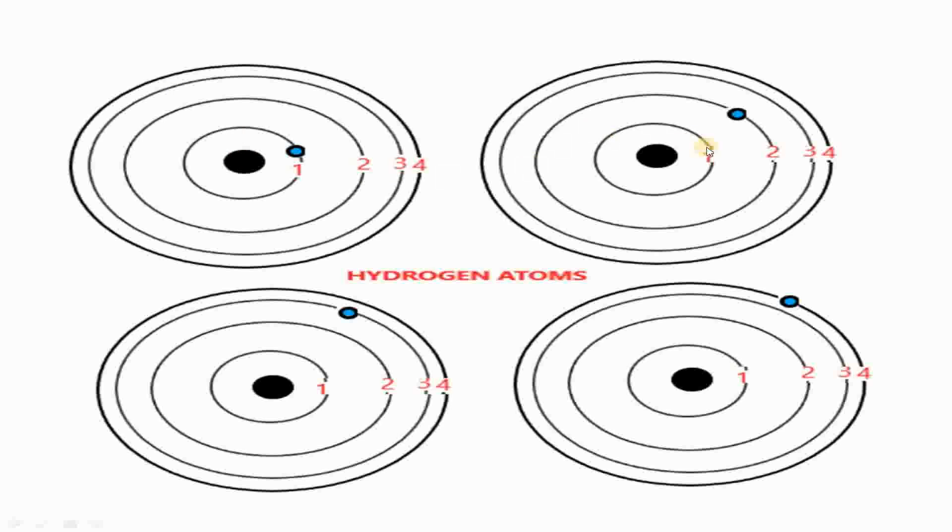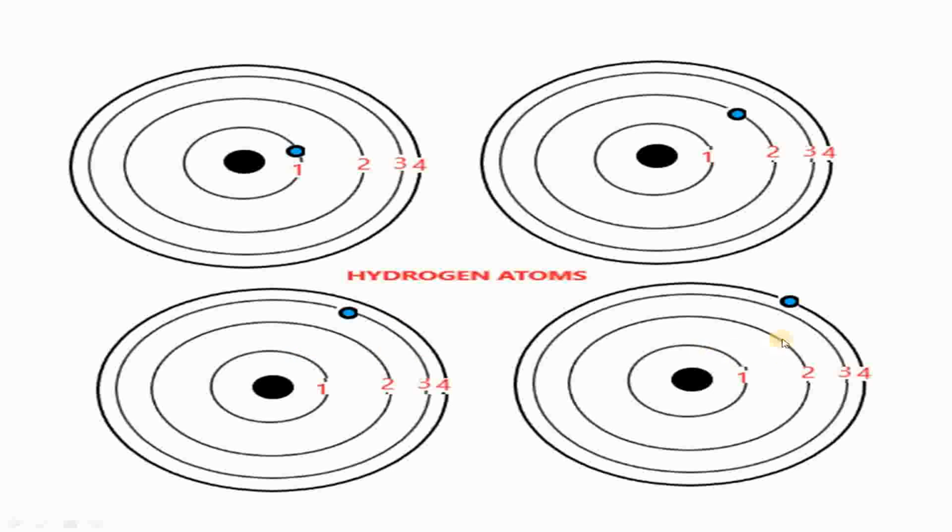This means that in the second atom, the electron transits from first excited state to the ground state by liberating the same photon of frequency nu 1 and the corresponding wavelength lambda 1. In the third hydrogen atom, transition takes place from second excited state to the ground state by emitting a photon of frequency nu 2 and the corresponding wavelength lambda 2.